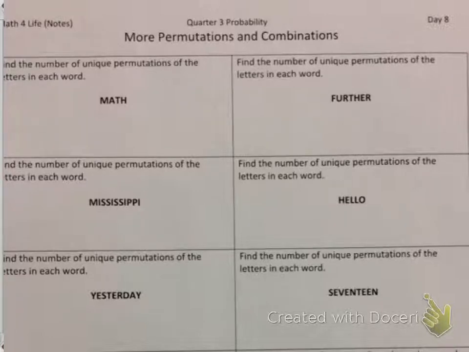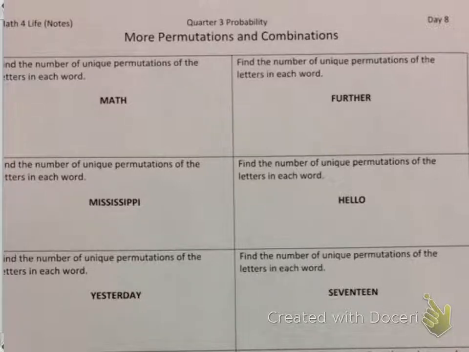All right, so this first problem says find the number of unique permutations of the letters in each word. Really what it's asking is how many ways can I rearrange the letters in the word math to form different unique words.